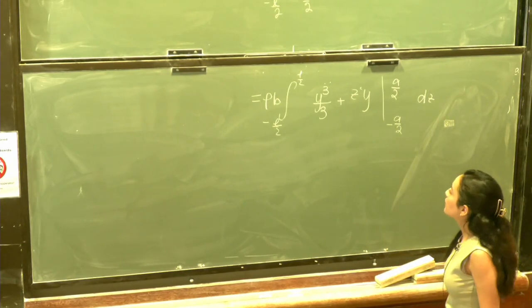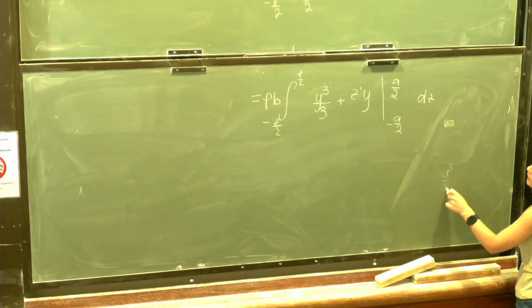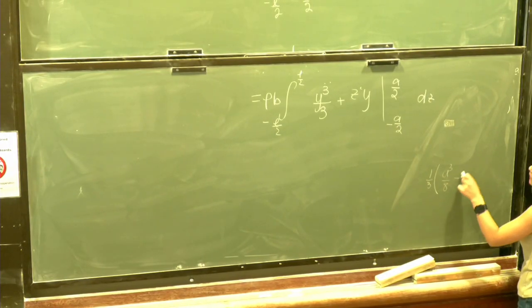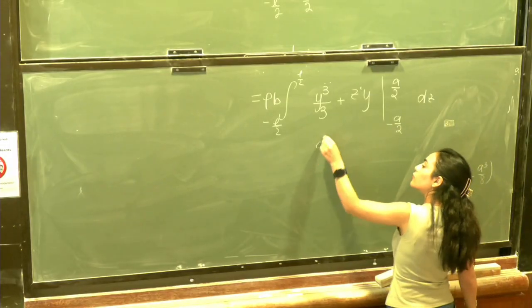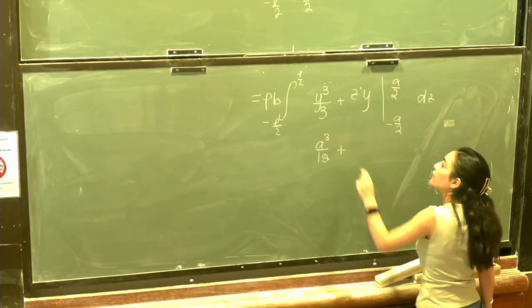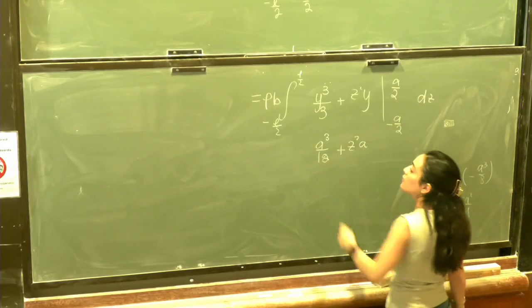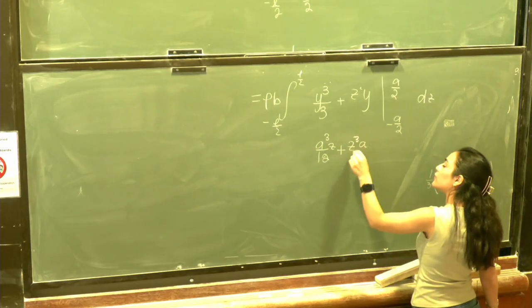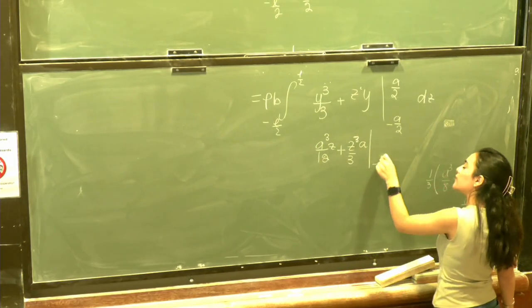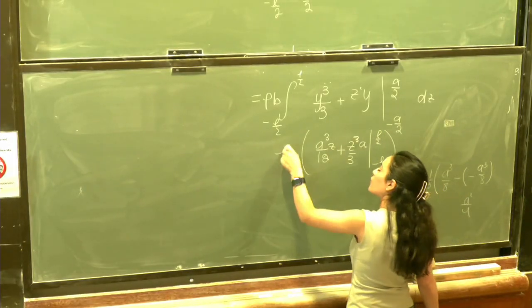So now we need to replace y. So that's going to be a cubed over 8 times 1 over 3, minus minus a cubed over 8. So a cubed over 4 times 3, a cubed over 12. A cubed over 12 plus z squared a. The integral with respect to z, so that's going to be z cubed over 3 evaluated between minus L over 2 and L over 2, times rho b.